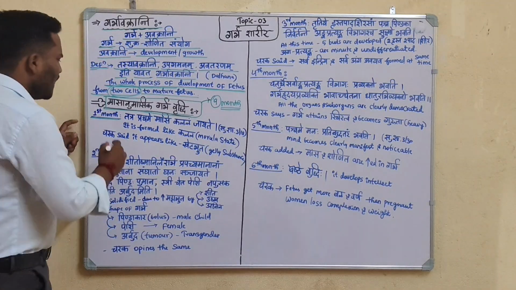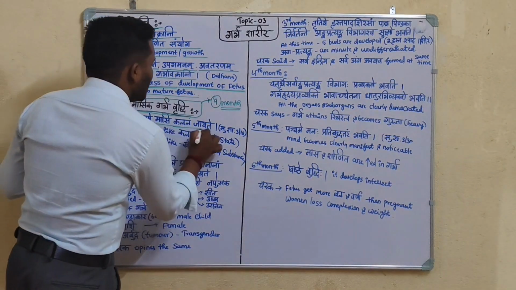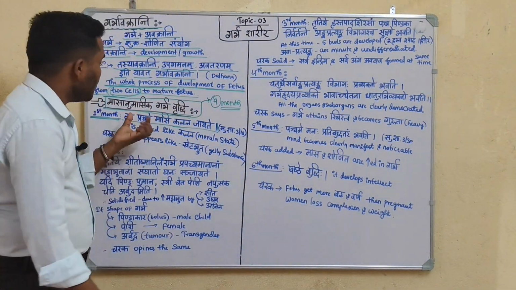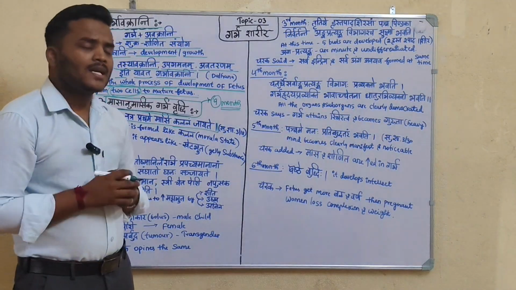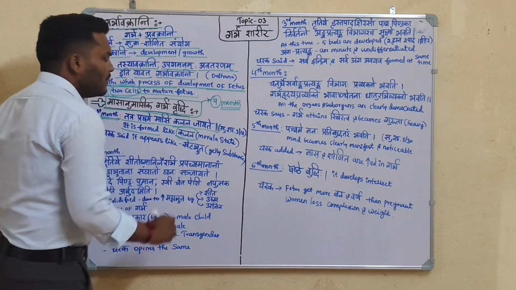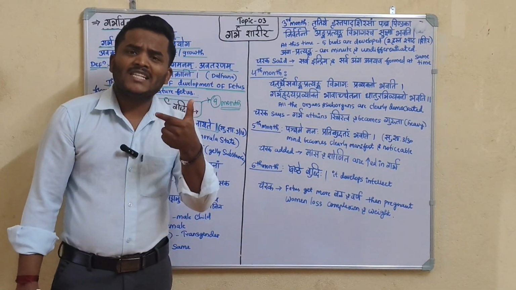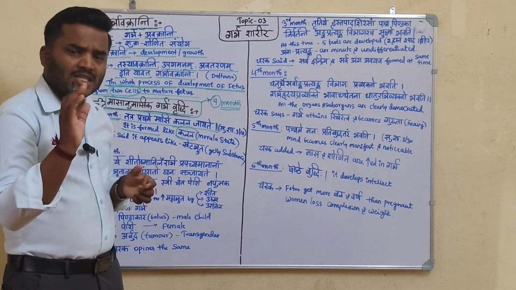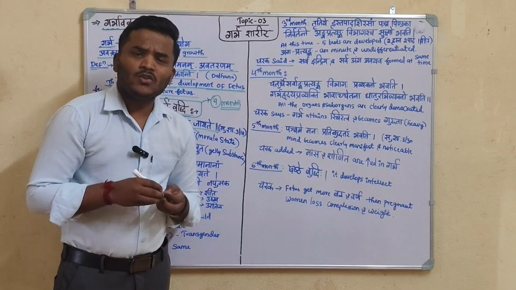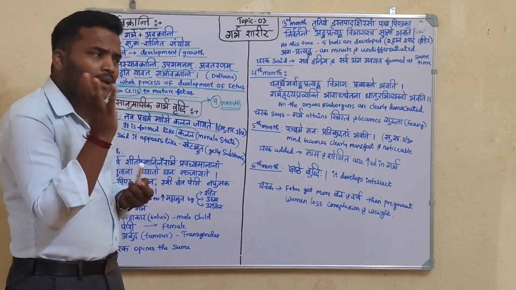In the first month: Tatra prathame mase kalalam jayate. Acharya Sushruta said that in the first month it is formed like kalala. Kalala means the morula state of the embryo. It looks like a jelly ball-like structure.